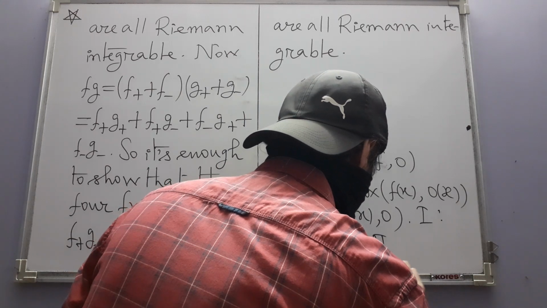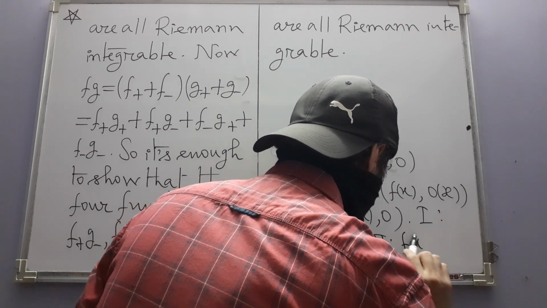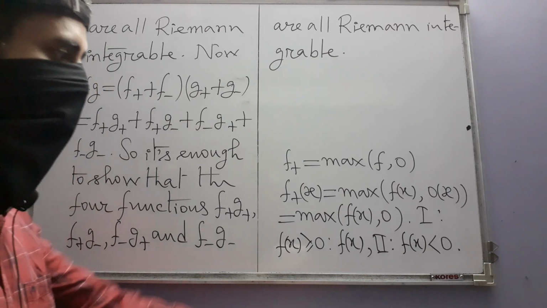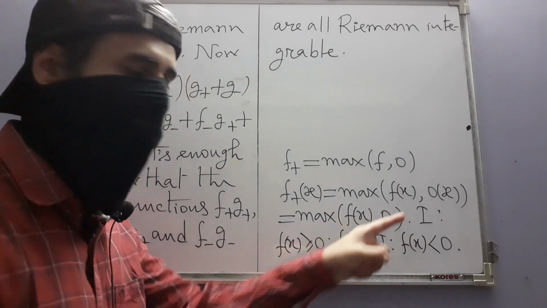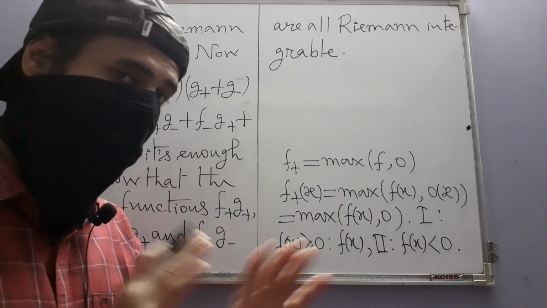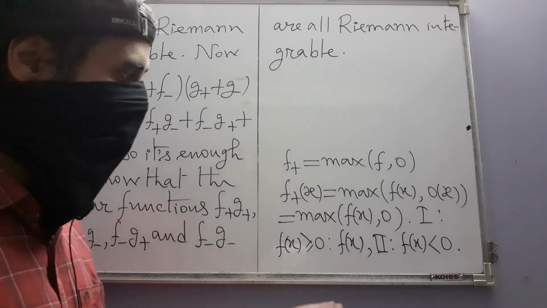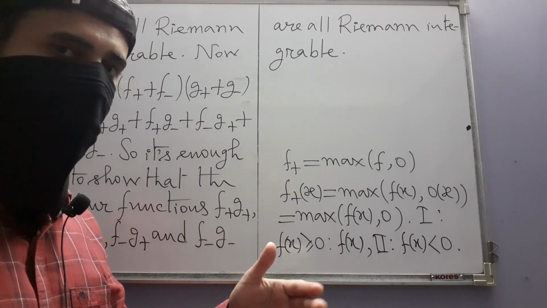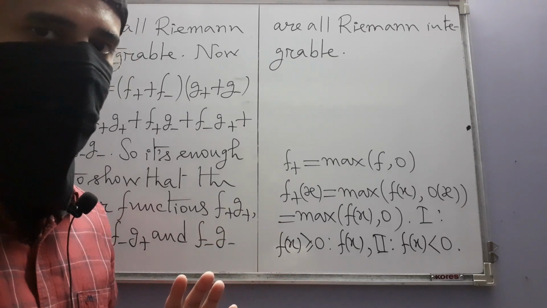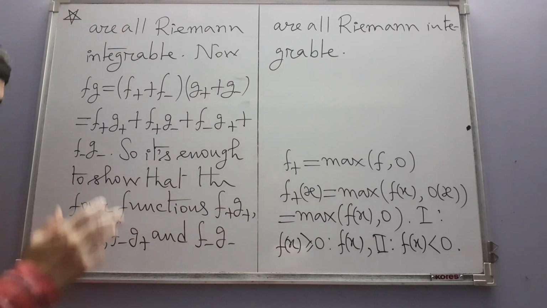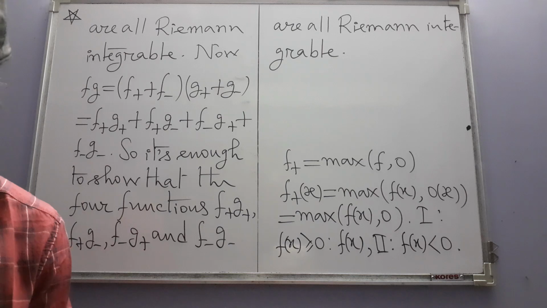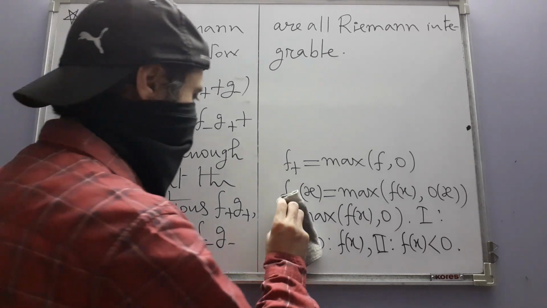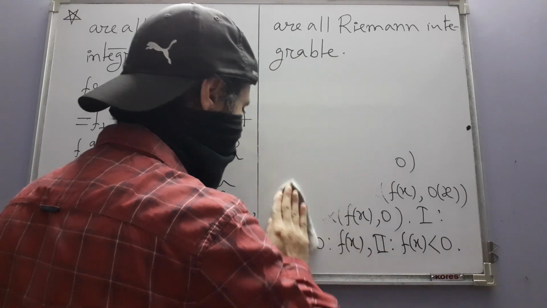But there is a second case also where f of x is negative, it's less than 0. In this case, the maximum is going to be 0, still not negative. And that is why in any case, f plus always takes on non-negative real number values. And that's what we are now going to use by simply writing this.